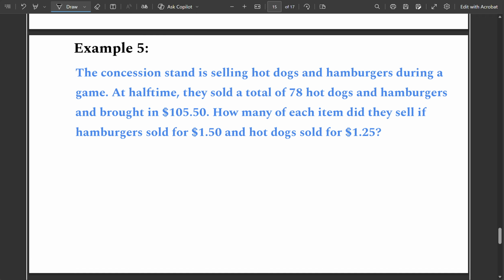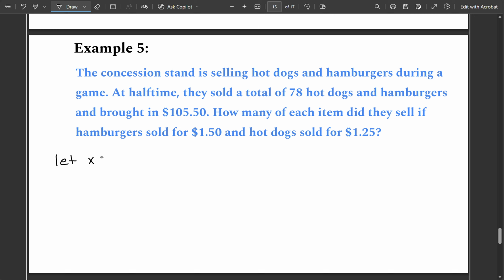Here's how it works. We want to figure out how many of each item. So we're going to say let x, we're going to have to use different variables here because hamburger and hot dog both start with h.